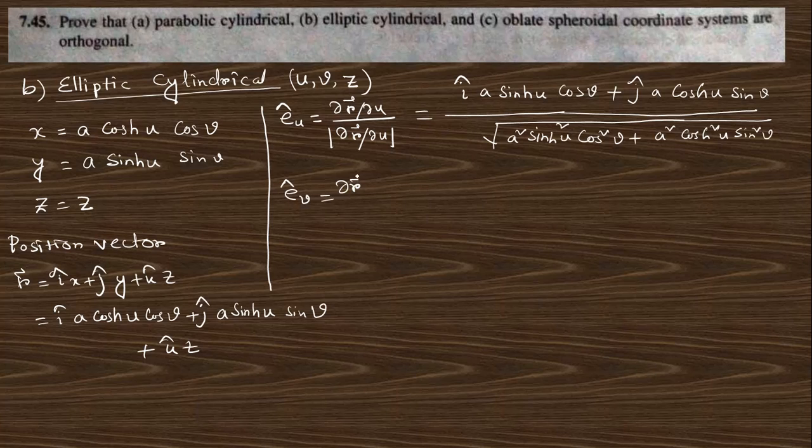Now e_v is del r vector by del v, divided by the modulus of del r vector by del v.